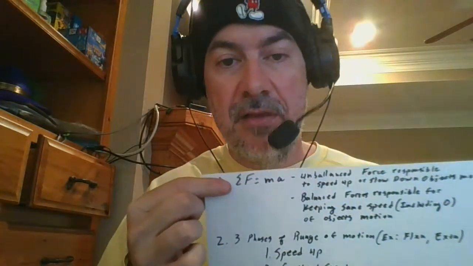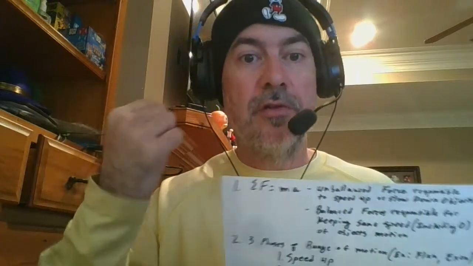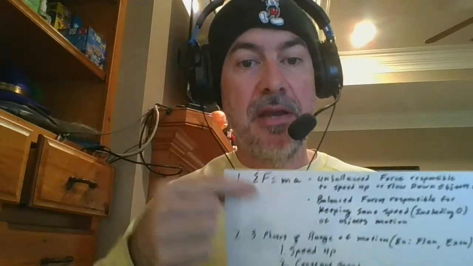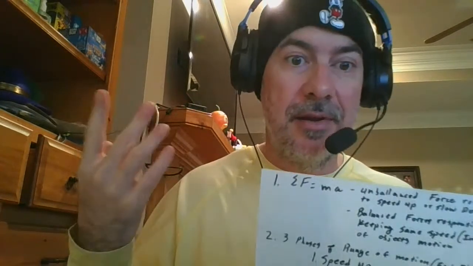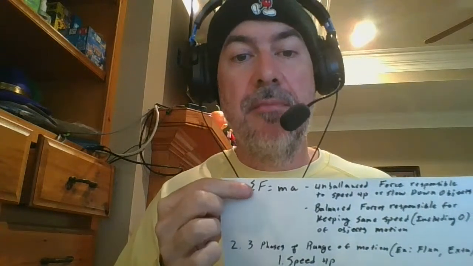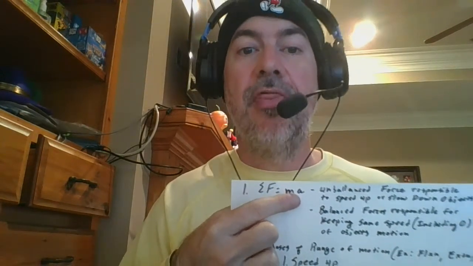That's Newton's second law, where it takes unbalanced forces. Some force from some object has to be greater than maybe another force from another object. And if there's only one force, then it automatically makes it greater. Only unbalanced forces can change the position over time, thus change the velocity over time, thus accelerate an object with mass.